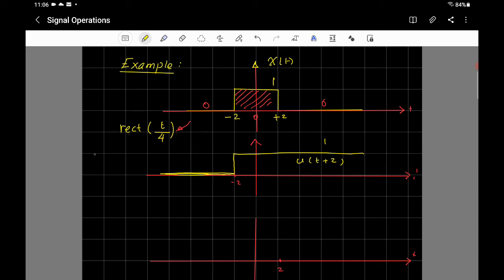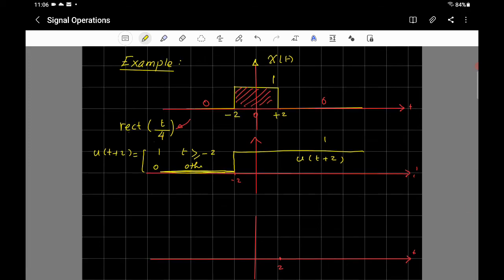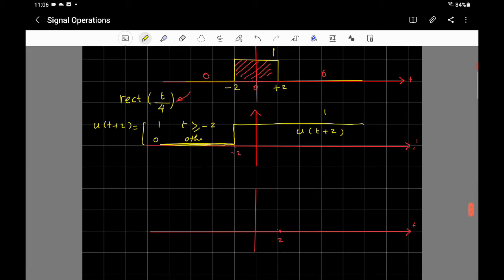You can write that u of t plus 2 is equal to 1 when t is greater than or equal to negative 2 and 0 otherwise. And you have another step, starting from 2. It will be 1 after that, and when time is less than 2 it will be 0. This function is the unit step u of t minus 2, a unit step shifted towards the right by 2 units.